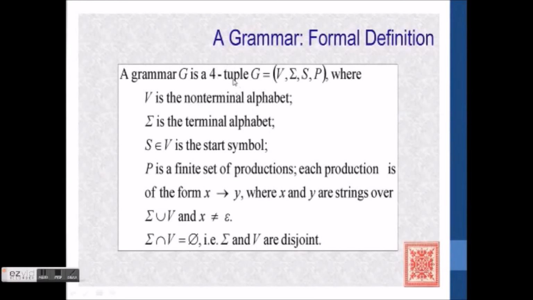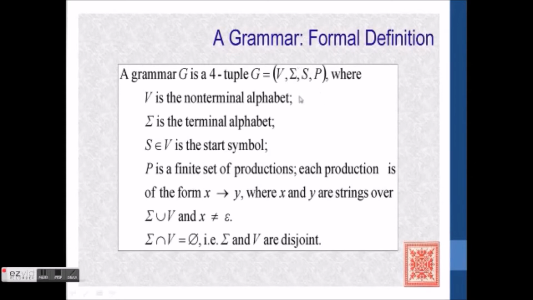So we are ready to define grammar. As you all know, in automata theory we define concepts using tuple representations. So grammar is a 4-tuple representation with V, T, S, P, that is variable, terminal alphabet, start symbol, and production. The variable is the capital X or capital Y that we have already seen in the previous question.